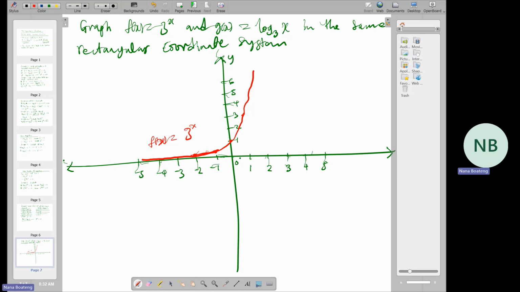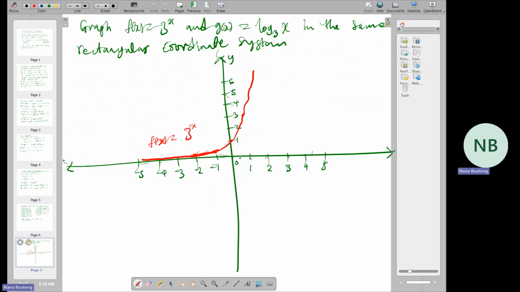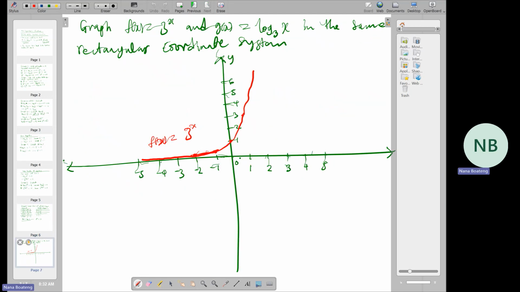And let's graph g of x. So for g of x, when x is 1/9, y is -2. I did not indicate the coordinates of the points on the negative y-axis. So this is -1, -2, -3, -4, -5.